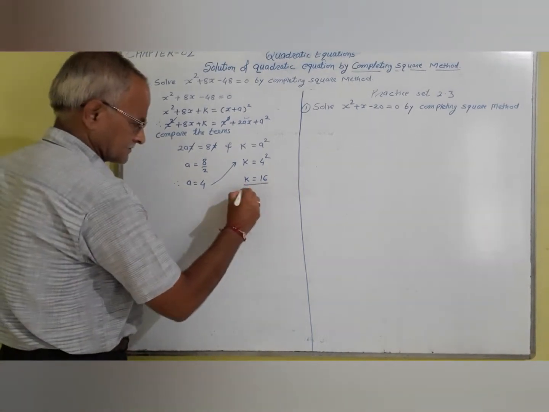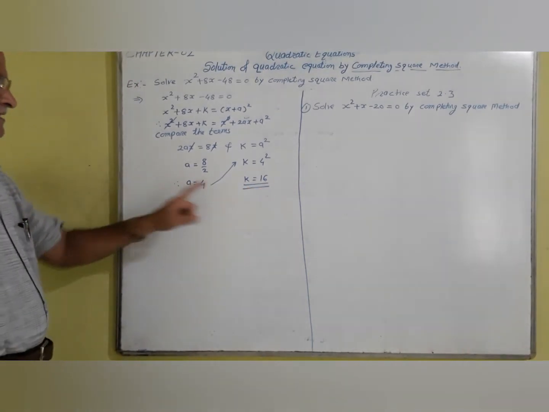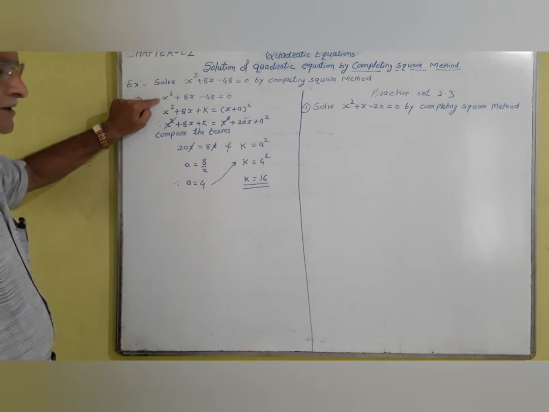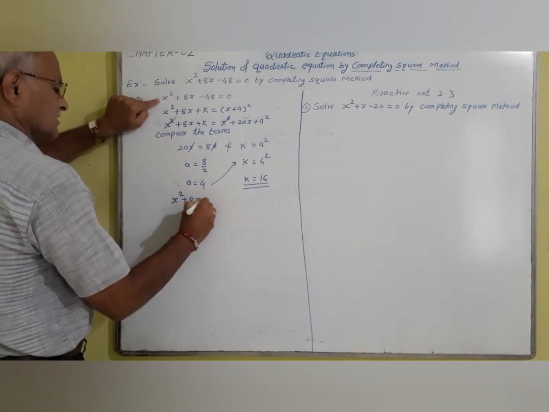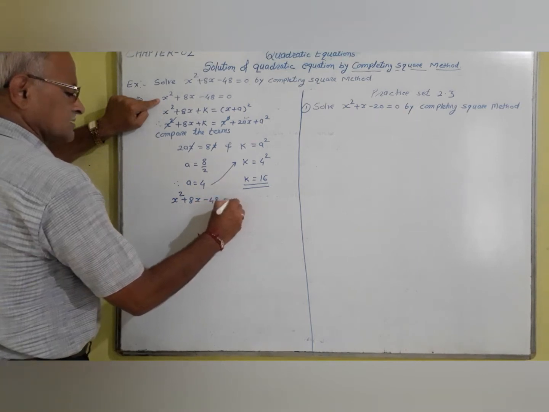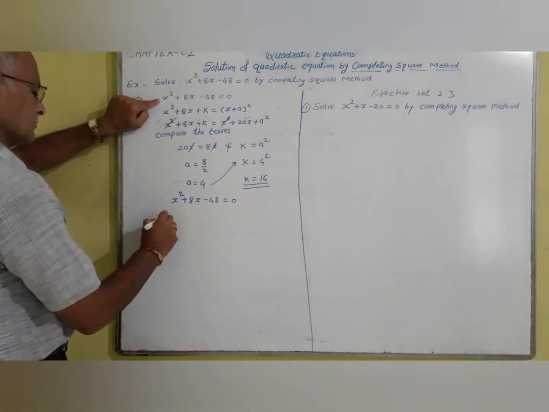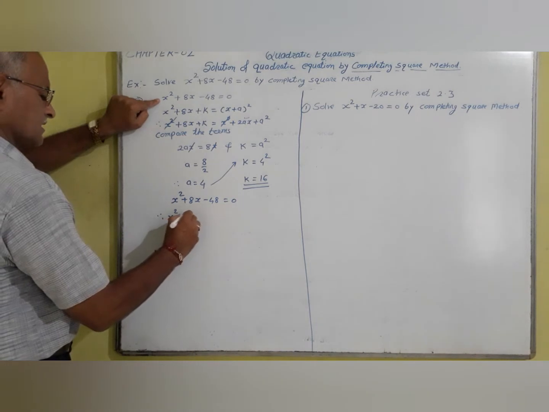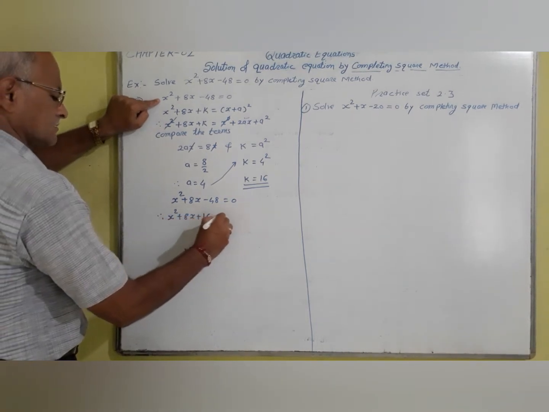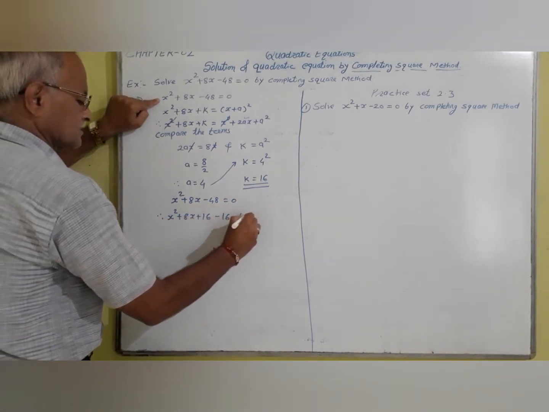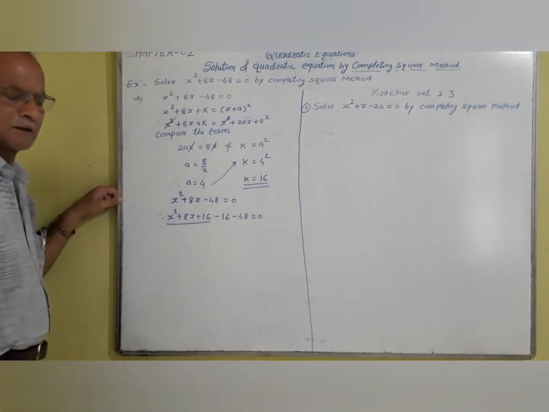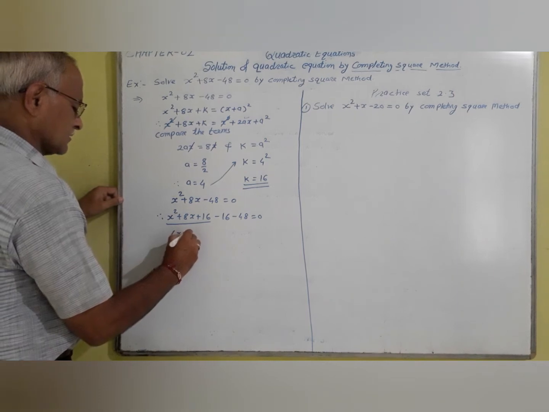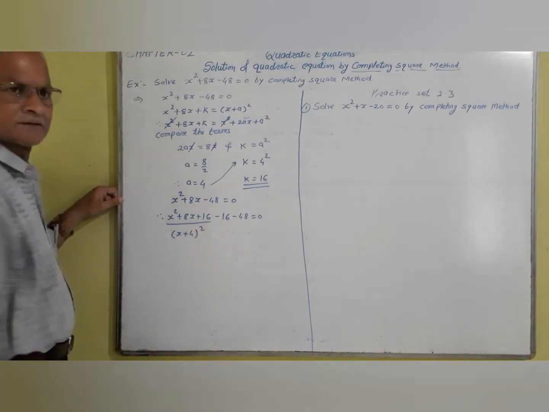Now you add and subtract this 16 in this equation. Therefore given is x square plus 8x minus 48 is equal to 0. Therefore x square plus 8x plus 16 minus 16 minus 48 is equal to 0. The first three terms are the perfect square and it is the square of (x + 4) whole square.